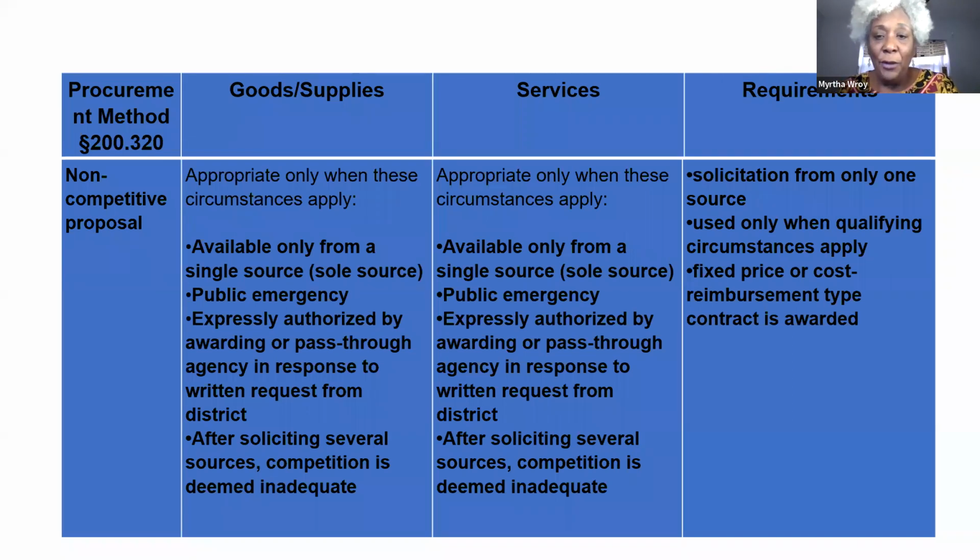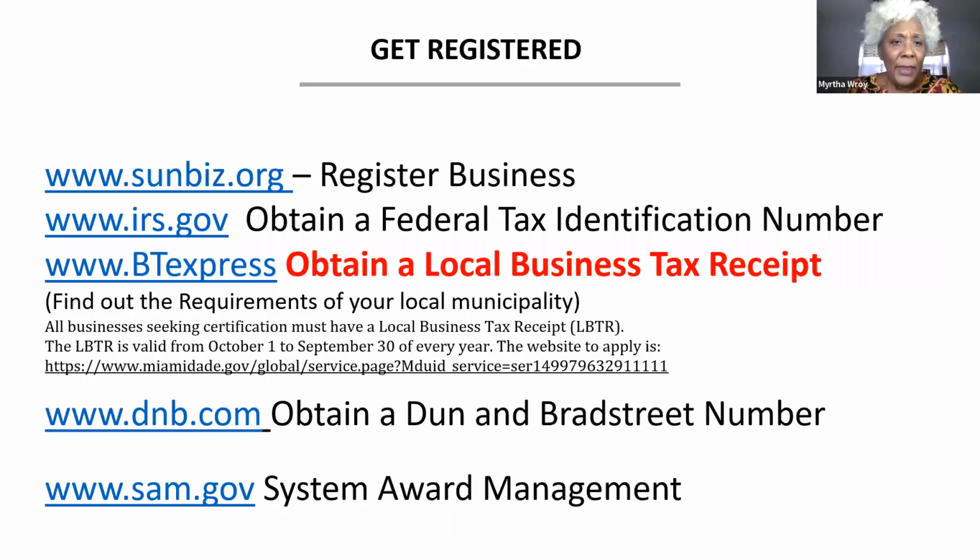So again, it can only be used when qualified circumstances apply, that we talked about here. And these contracts are usually fixed price or cost reimbursement type contracts. So you have your time and materials, there are different types of contracts the government awards.